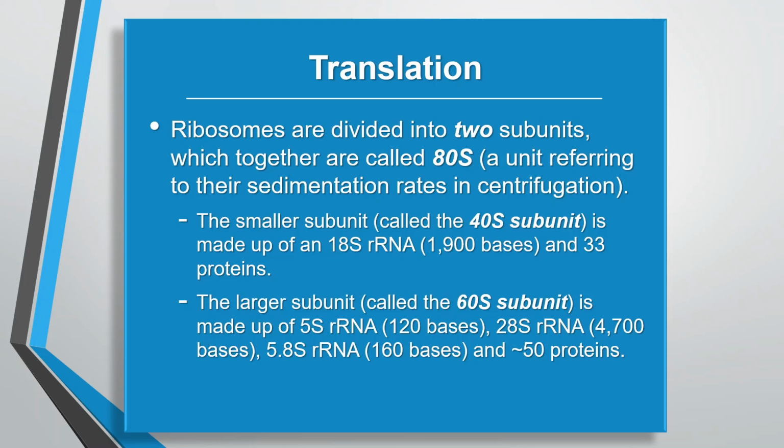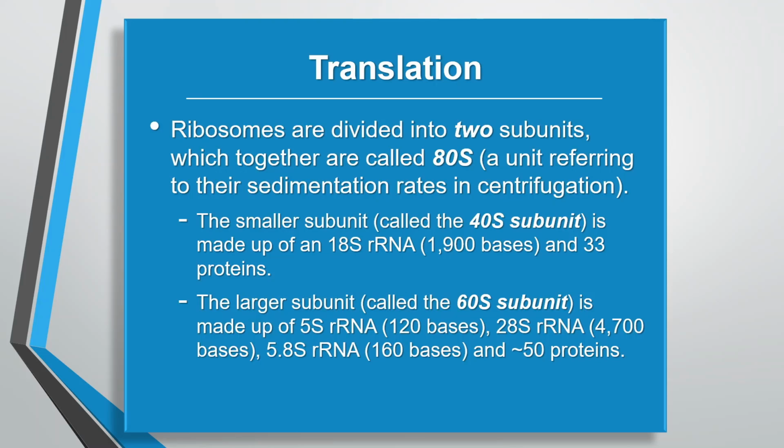Now, I only mentioned a few of them here today, but included in there are the many ribonucleoproteins, along with the ribosomal RNA molecules that assemble to create the ribosomes. For example, the smaller subunit is made up of one 18S ribosomal RNA and 33 proteins. Those are all, by the way, 33 unique proteins.